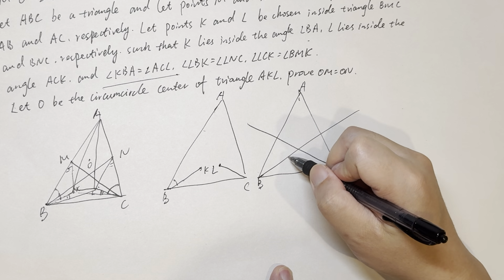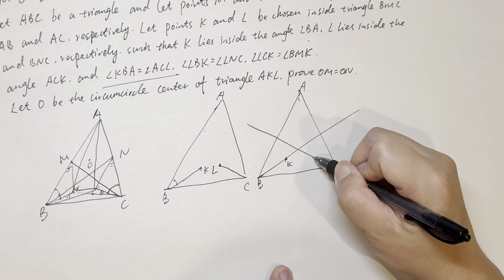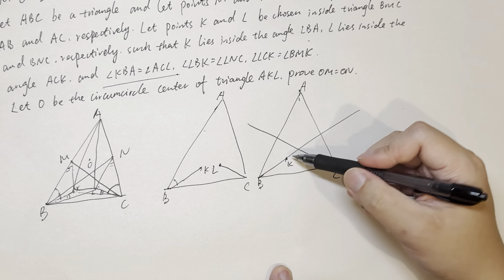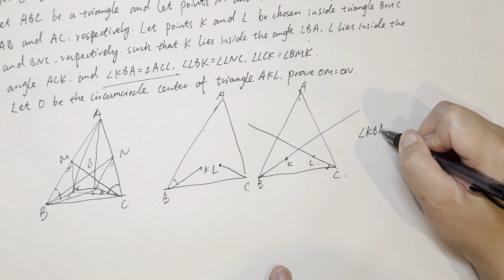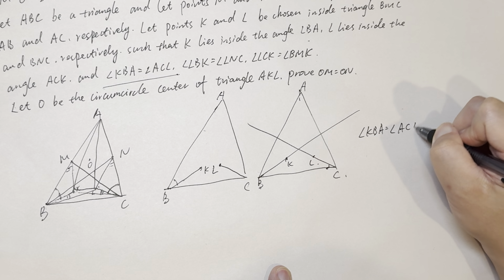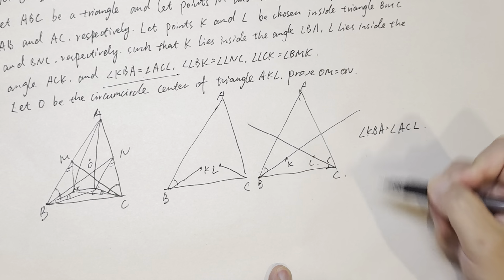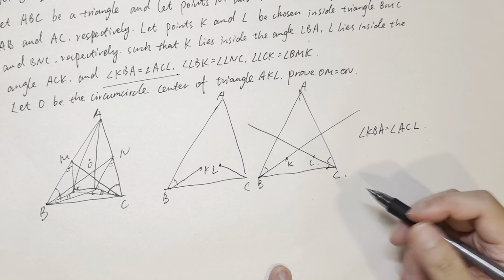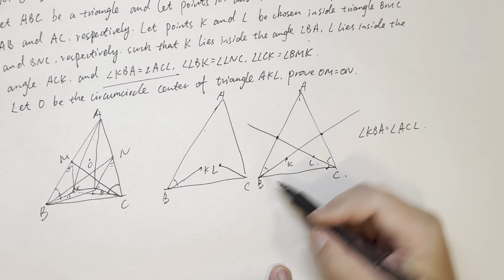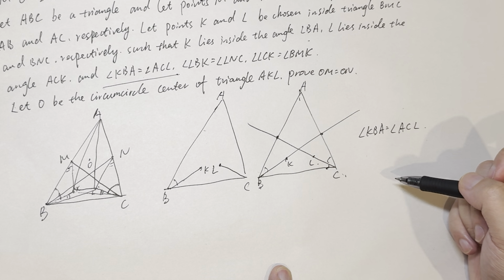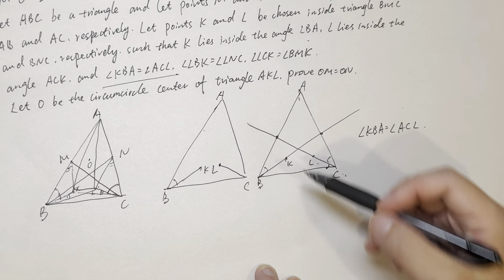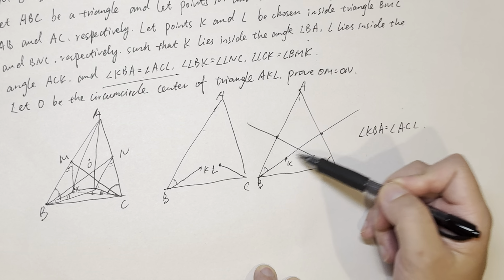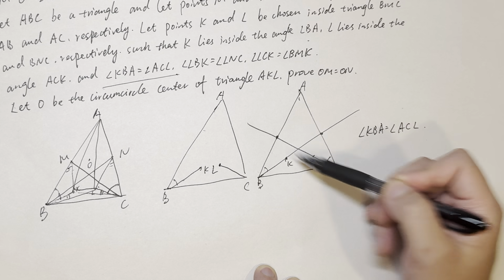Somewhere is K, somewhere is L, and we still maintain that angle KBA equals angle ACL. That means these 4 points are cyclic, which means we can use another way to find line BK and line CL, which is here.